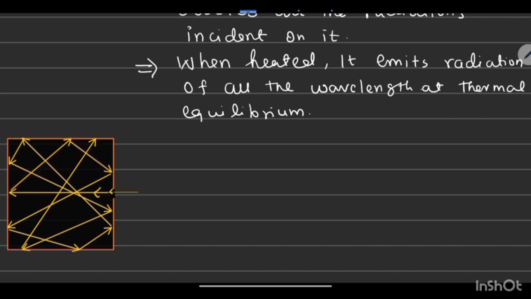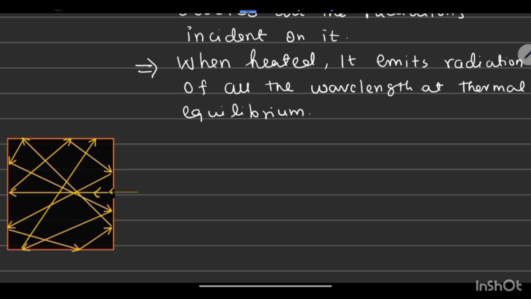Before it leaves the cavity, its energy is completely dissipated, meaning no light is emitted. So it acts as a perfect absorber. Whatever rays you incident on the hole will be completely absorbed by the cavity setup.